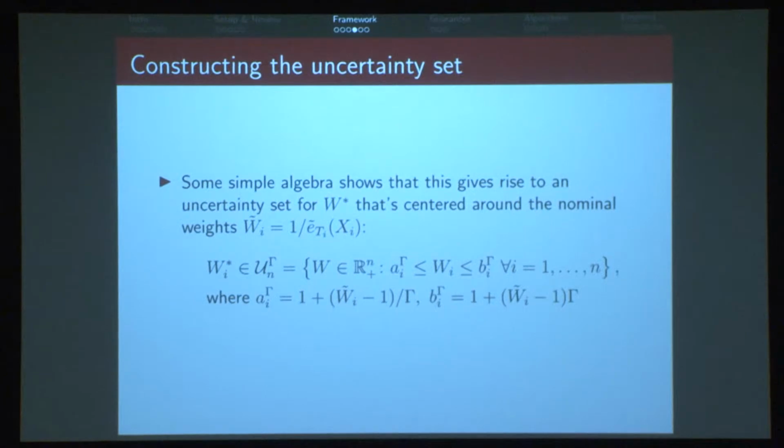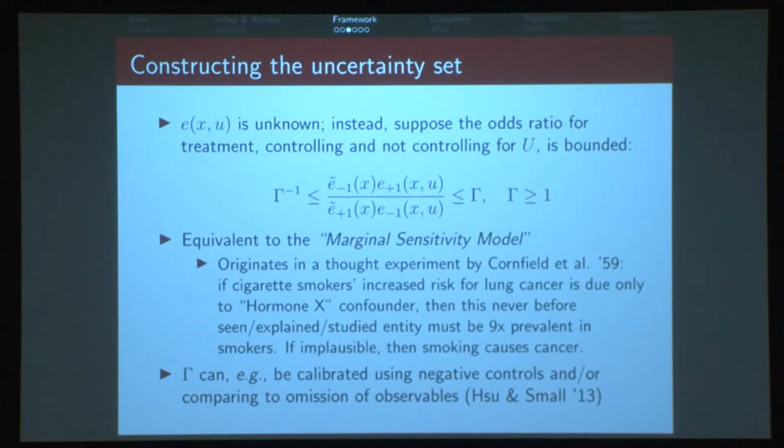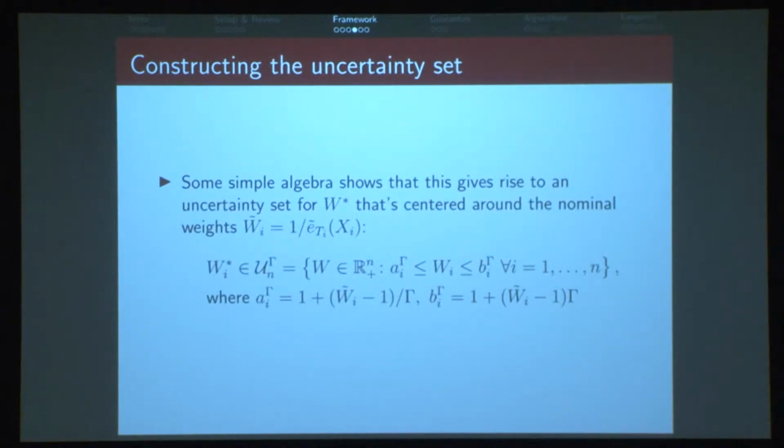Okay, and so massaging this formula gives us this uncertainty set for W star, which is somehow centered around these fake inverse propensities, right? The inverse propensities that only control for X, the fake ones. So we get this box uncertainty set.